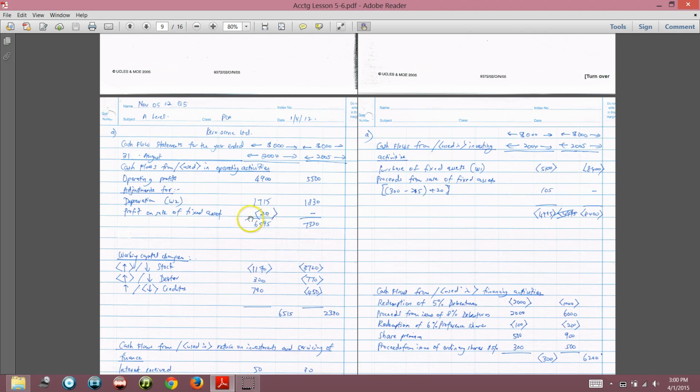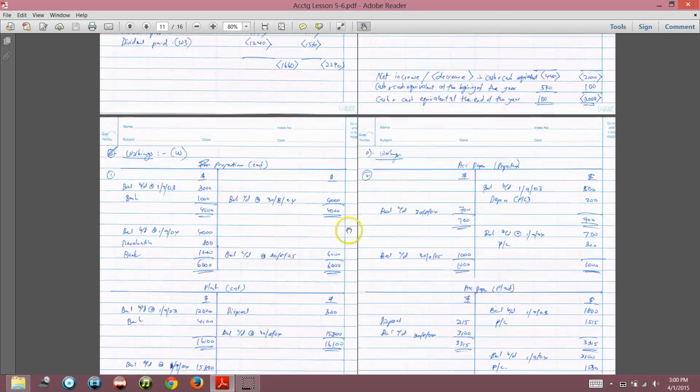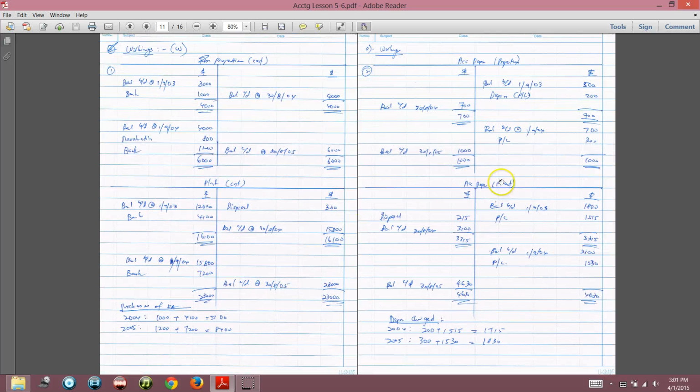Okay, so now we are left with depreciation. Depreciation, that means we do this accumulated depreciation account. Just now we have already done this. You see this one is properties. We did not sell any properties, so this is easy. Just now we have already slotted in these figures. The difference will be the depreciation expense during the year. Okay, so this one, plant. Just now you see additional information number 1.